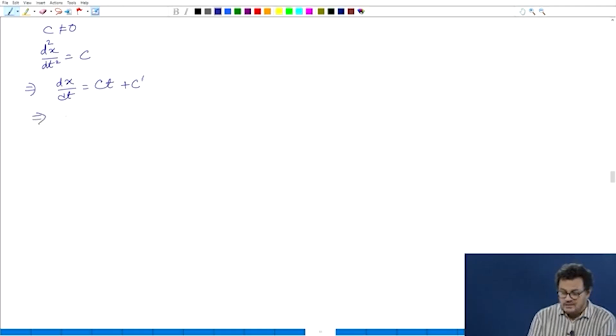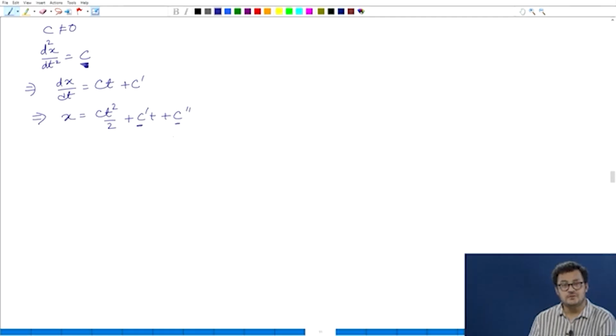I will again integrate and I will find x will be equal to ct square by 2 plus c prime t plus c double prime. This c I know, this is my known constant, the two other arbitrary constants would come from here. The c prime and c double prime will come as arbitrary constants of integration.